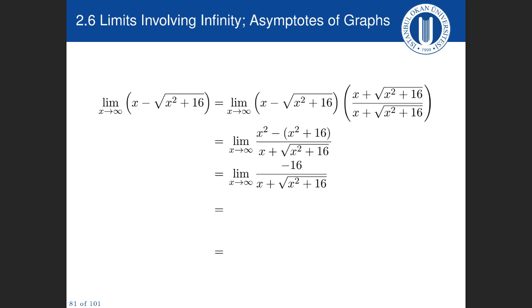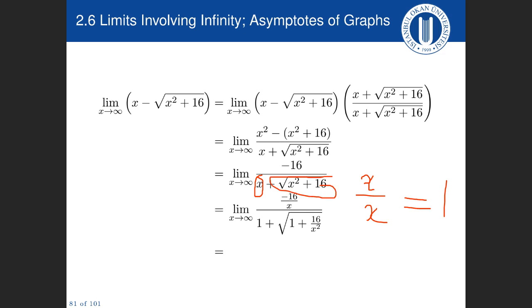And then at that point I can divide through by x, and then we can calculate these limits. Now, just one point, I'm doing x divided by x to get 1. But I'm also doing the square root of x squared plus 16 divided by x.